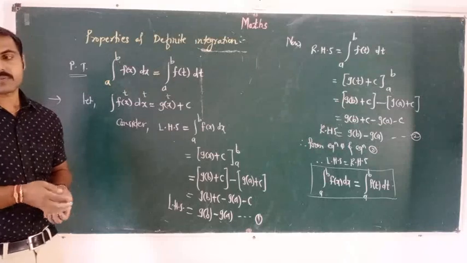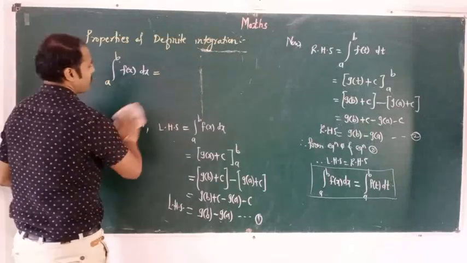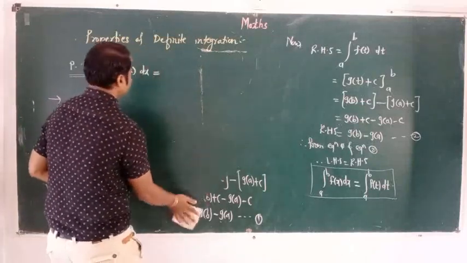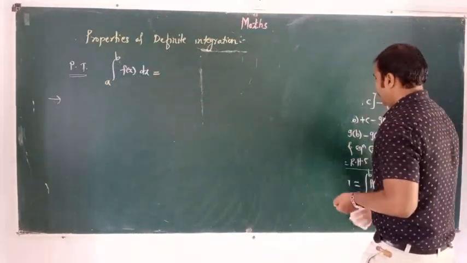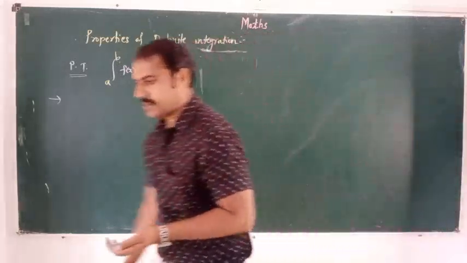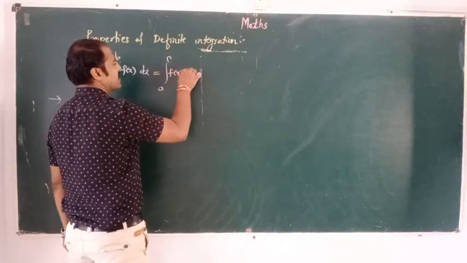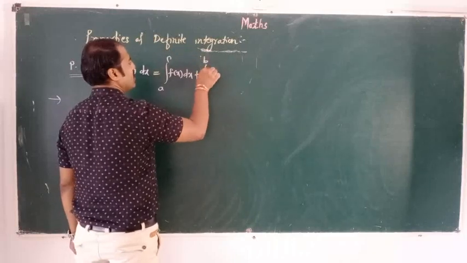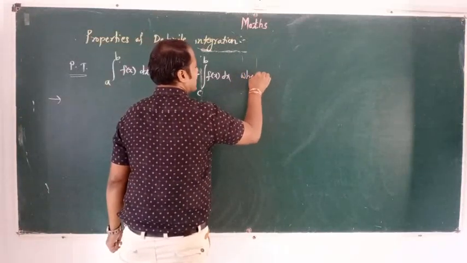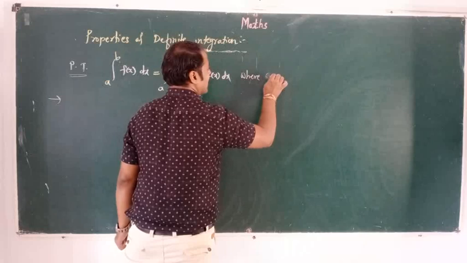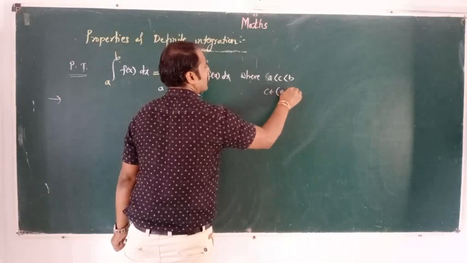Now the last property: prove that the integral from a to b of f of x dx is equal to the integral from a to c of f of x dx plus the integral from c to b of f of x dx, where c lies between a and b, or c belongs to the interval a, b.